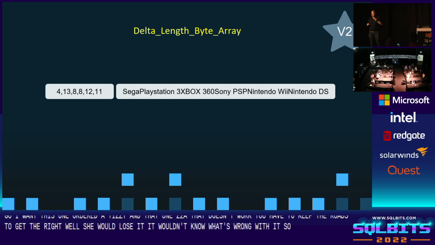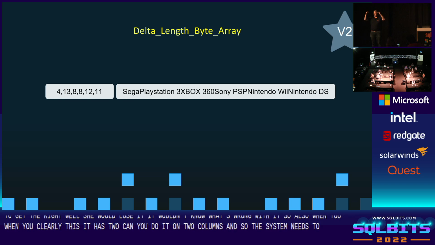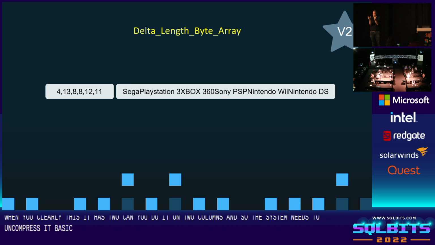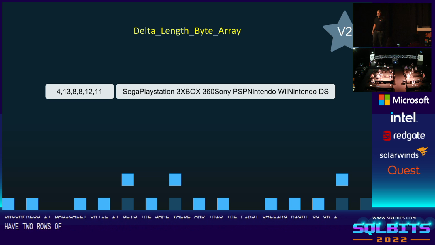Also when you query this, and you do it on two columns, the system needs to uncompress it basically until it gets the same value. The first column might go, okay, I have 2 rows of the same, 5 rows of the same, and then there's the value that I need, and that's the 10th record.